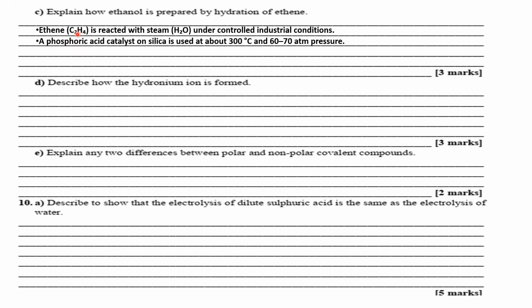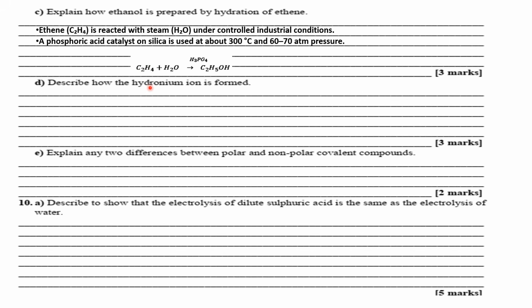Then phosphoric acid is used as a catalyst at a temperature of 300 degrees Celsius and 60 to 70 atmospheres. These are the conditions. As a result of that, ethanol, C2H5OH, is produced. Take note. So this is the reaction that will take place.